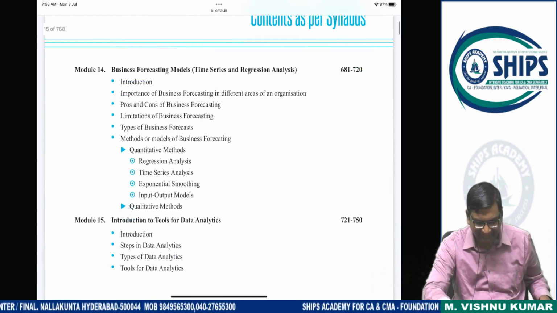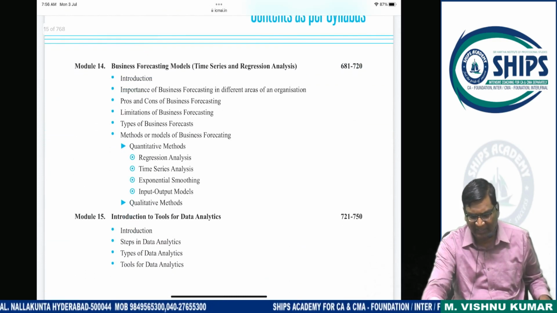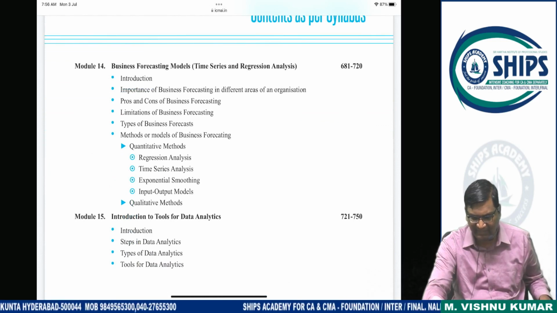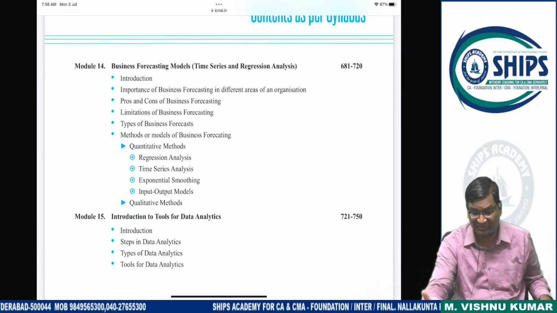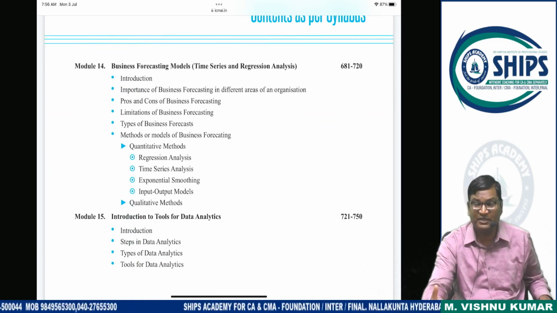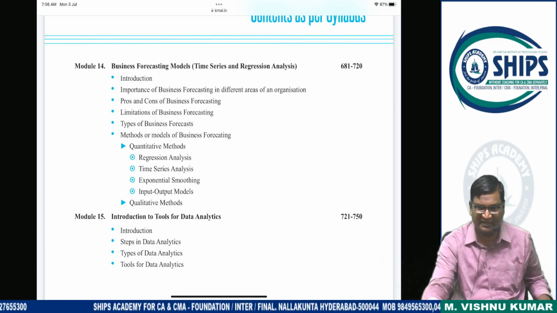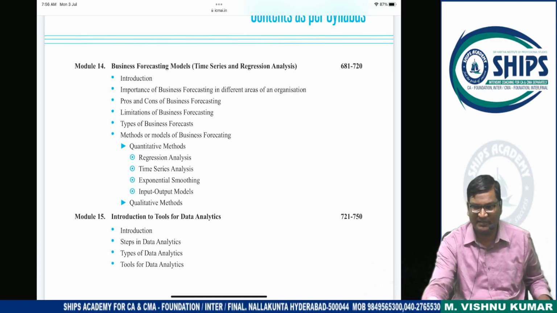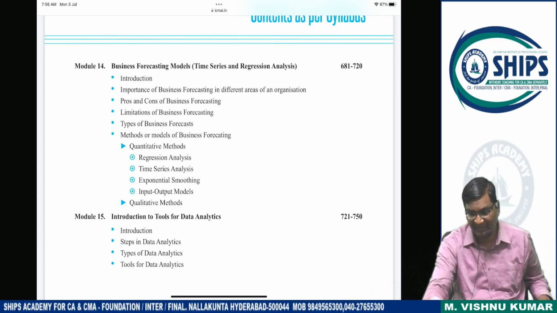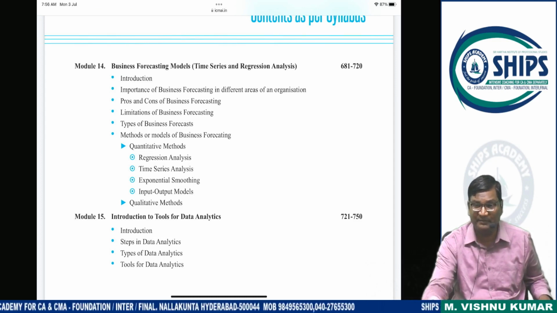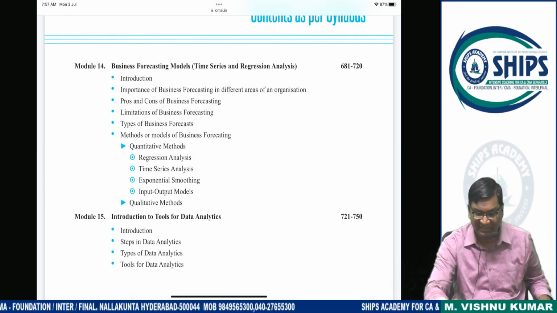So this is your syllabus. Regression and time series are statistical test questions or topics. Time series means here time is the key factor. Regression means an estimation technique; time series is also an estimation technique. On the basis of a time span, the decision maker wants to estimate how things will take place, and that you will understand in time series and regression.